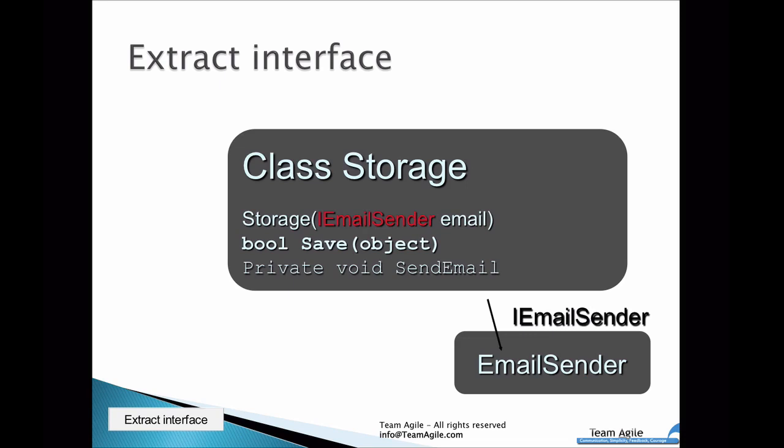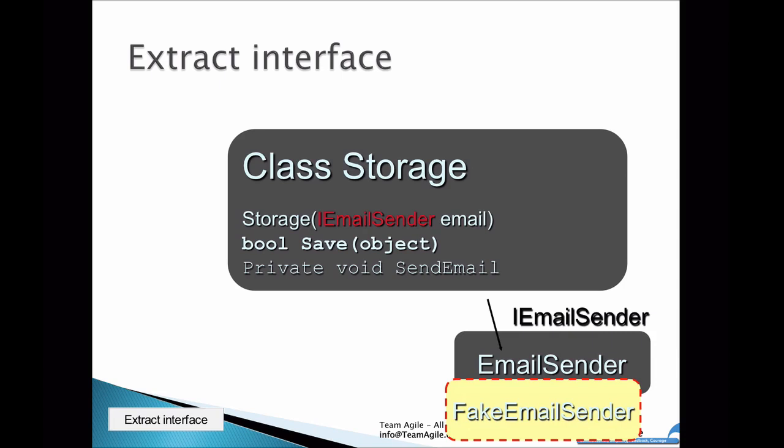Seam, S-E-A-M. A seam is something that allows us in our code to test or to replace things. In this case, having a parameter that's an interface in the constructor allows us to create, in our test code, a fake email sender. In our test code, we could create a new class that also implements IEmailSender.